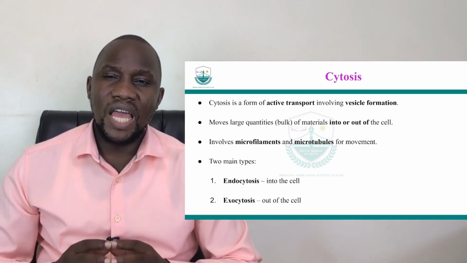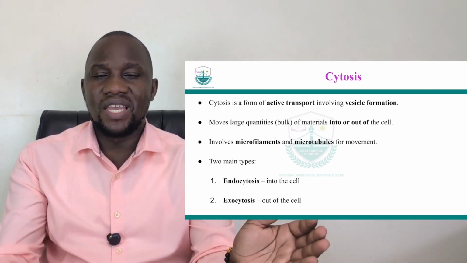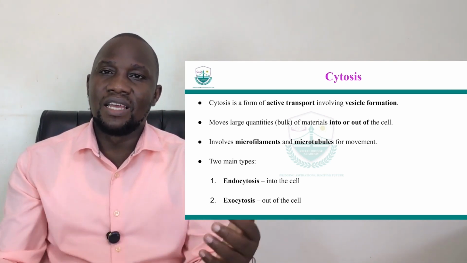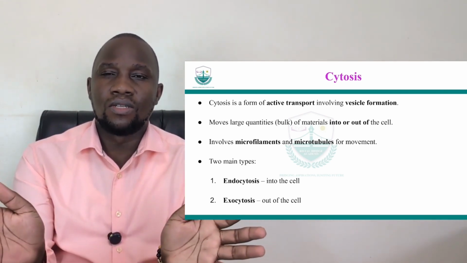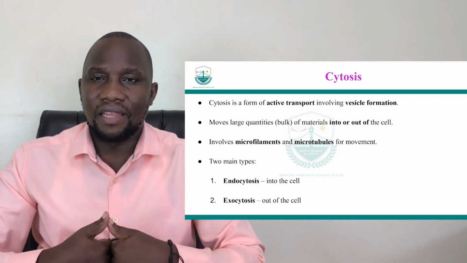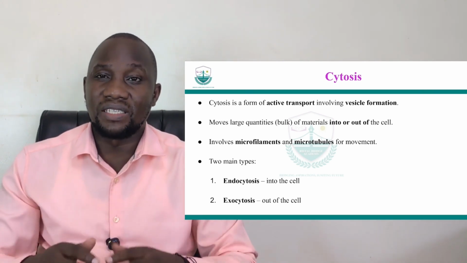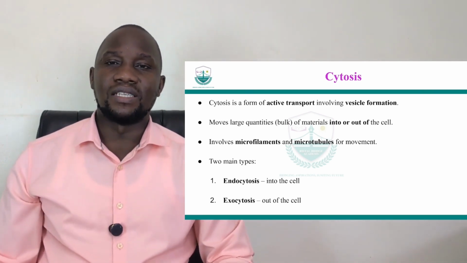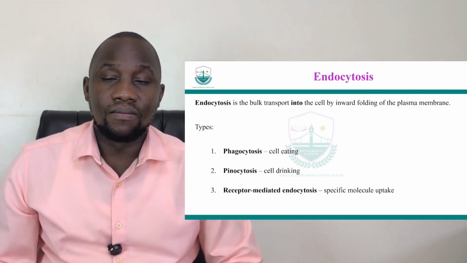So you can have endocytosis, when you have something being captured from outside the cell and then becoming part of the cell, or exocytosis, where a vesicle that was inside the cell opens into the surroundings and releases the products out. That is exocytosis. But of course, we need to look at them in detail.